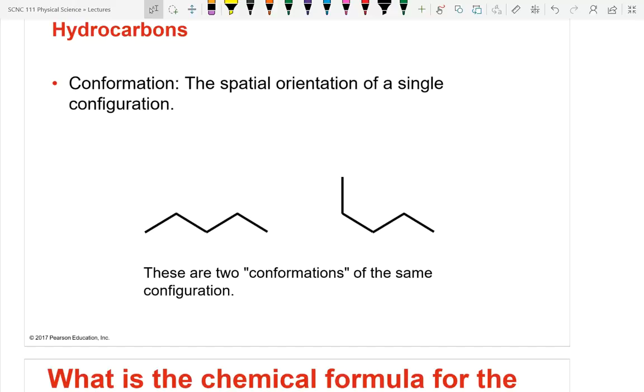Conformations are different ways of arranging the physical shape even when the bonds are the same. So if you look at these, each one has 1, 2, 3, 4, 5 carbons. 1, 2, 3, 4, 5. But they don't look the same because this here has been changed in the direction it bends.